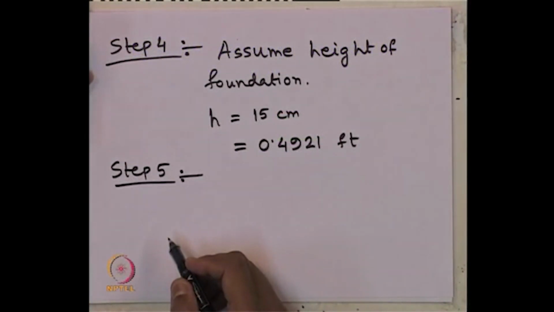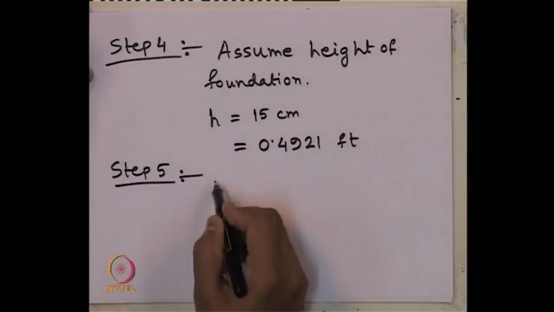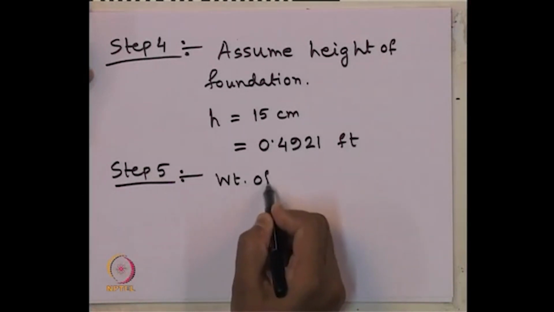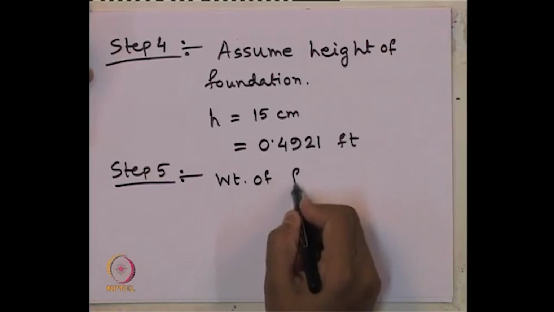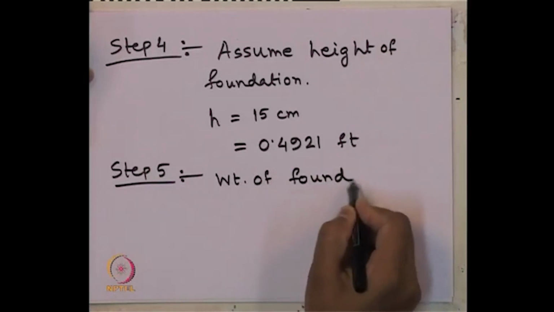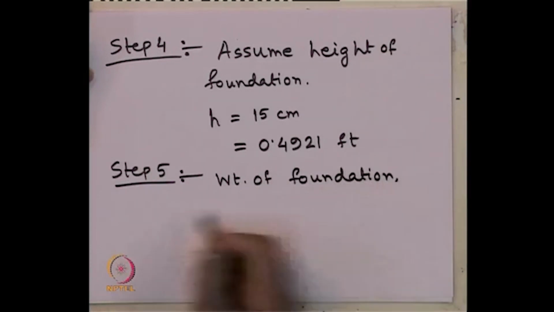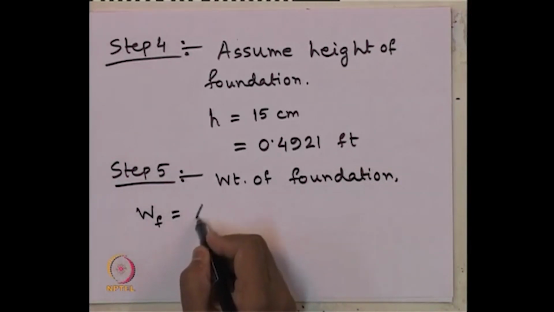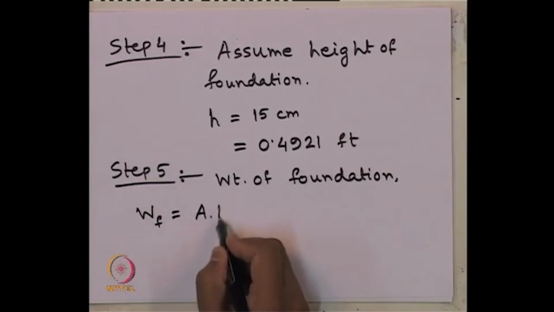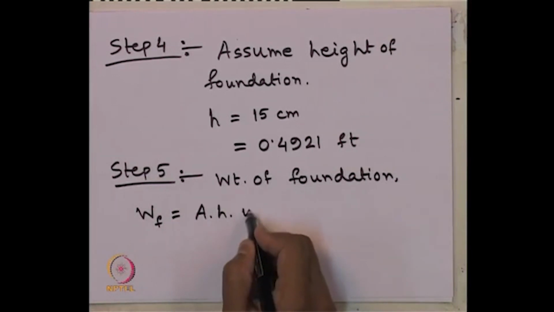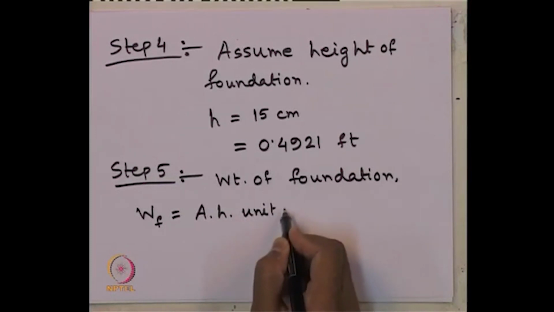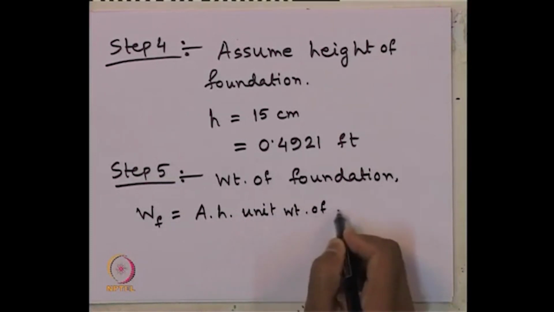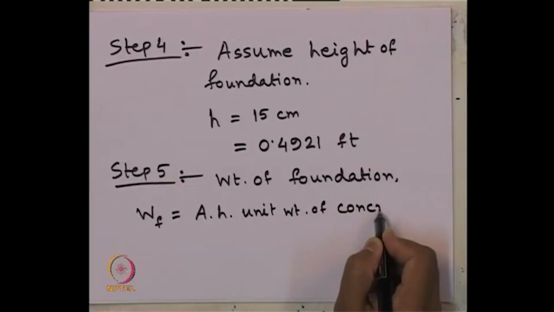So, next is step 5. What it says? Find out the total weight of machine plus foundation system. So, weight of foundation, WF, that will be area A times height H times unit weight of concrete.